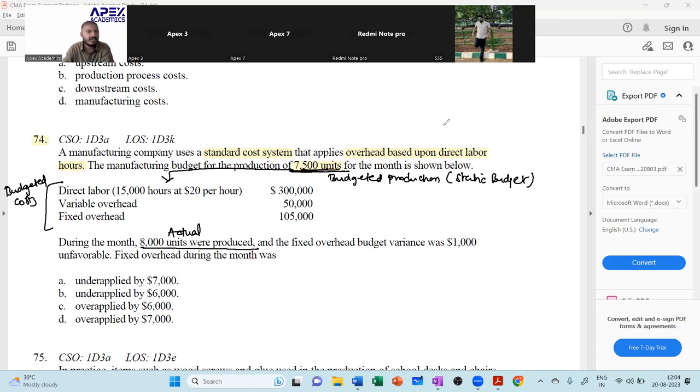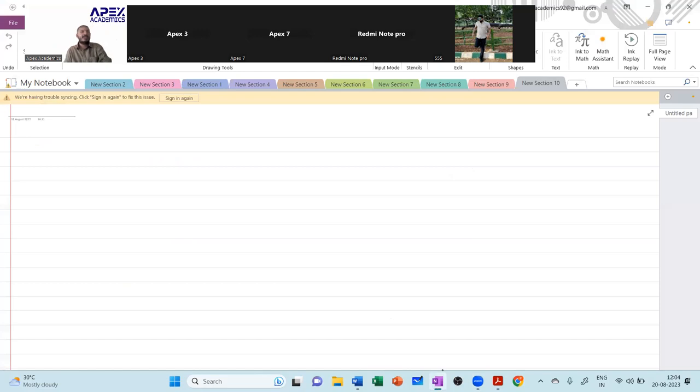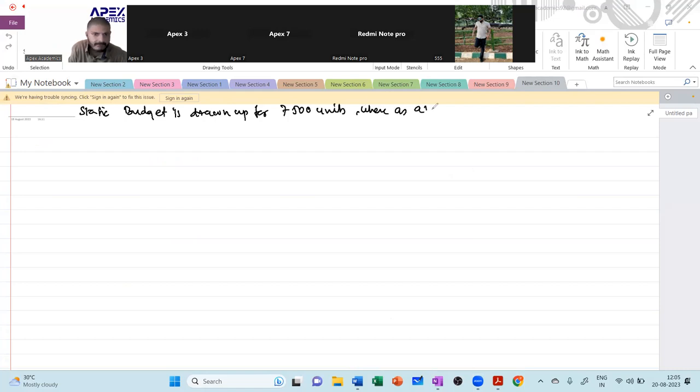That same old stale argument is there. Now see here. Static budget is drawn for 7,500 units, whereas actual performance is 8,000 units.